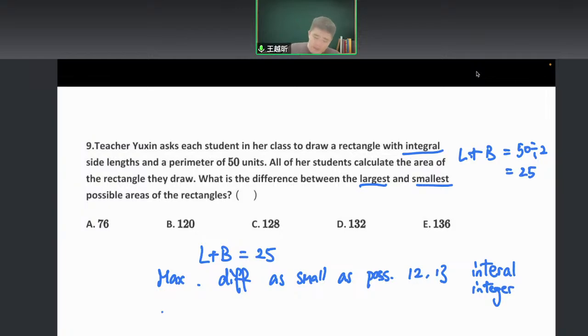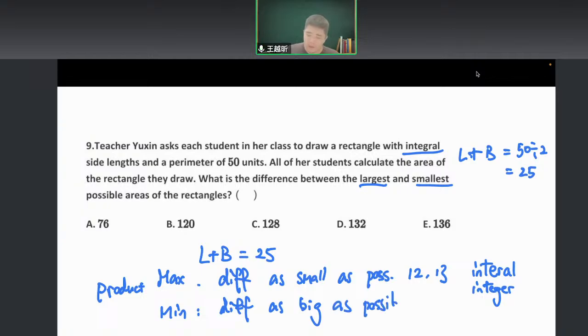And now if we want to find the minimum product, then we want the difference to be as big as possible. So what is the biggest possible difference?